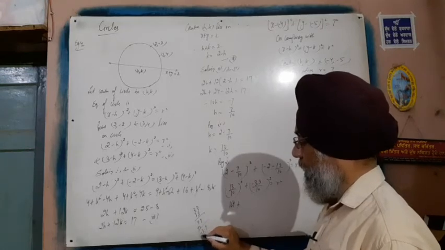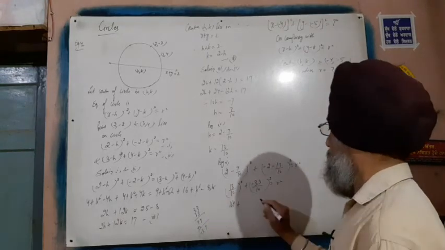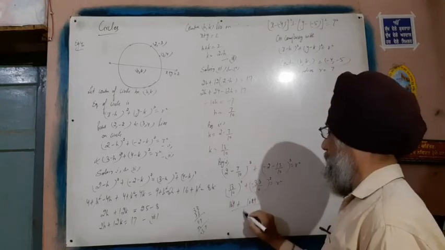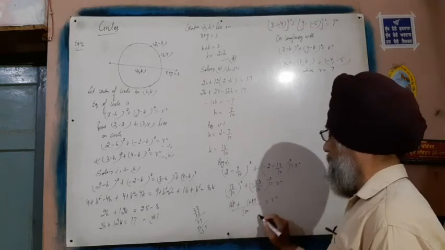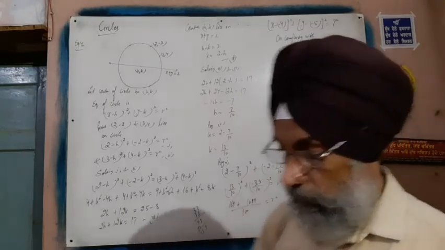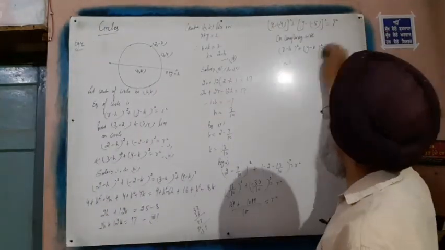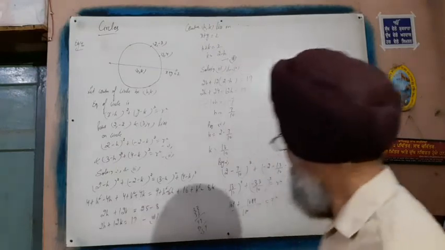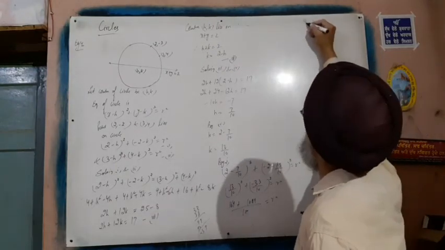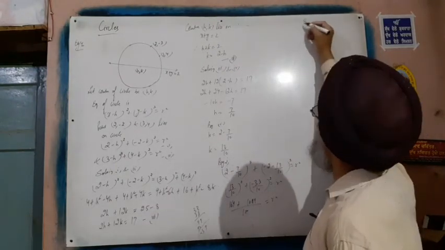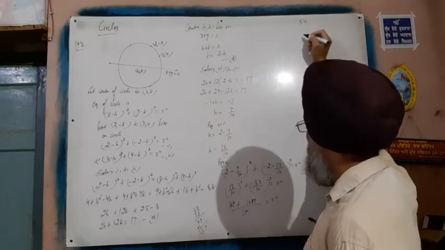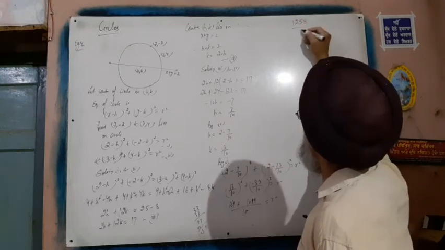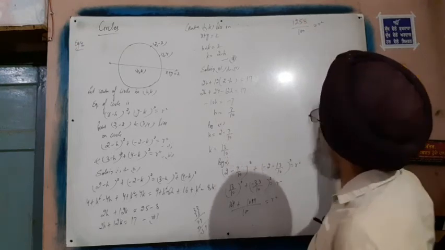It's 918, 1089 upon 100 is equal to r square. That is r square here.